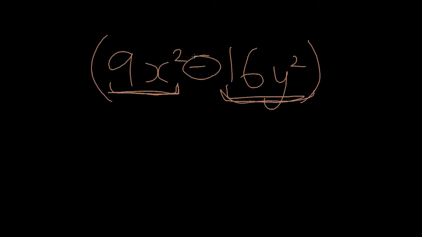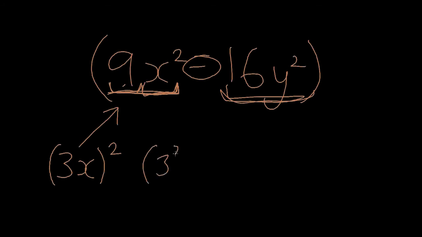We're asking what number squared will give us that. We're going to split it into the two parts. We've got the 9 and we've got the x. Now we know 9's a square number, and 3 squared will give us 9. x will give us x squared. So if we were to square this whole thing, we'd have 3 squared times x squared, which would give us 9x squared. So that is a square up there.